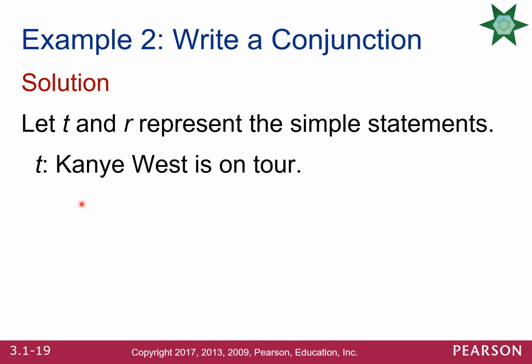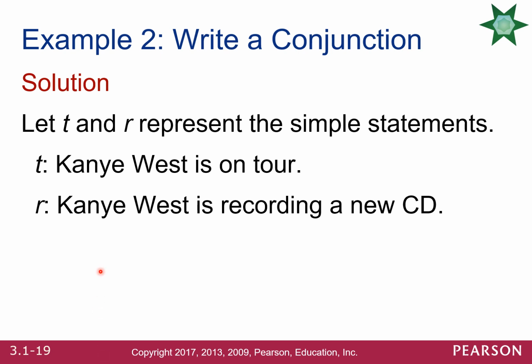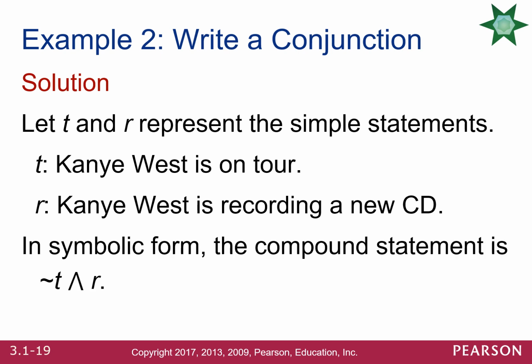So T is Kanye West is on tour, and R is Kanye West is recording a new CD. Now we have to put them together. In symbolic form, the compound statement is not T, which means Kanye West is not on tour, then the conjunction symbol, followed by the next idea, that Kanye West is recording a new CD, R. So this is exactly what we came up with previously.